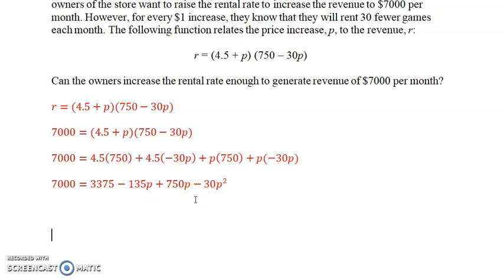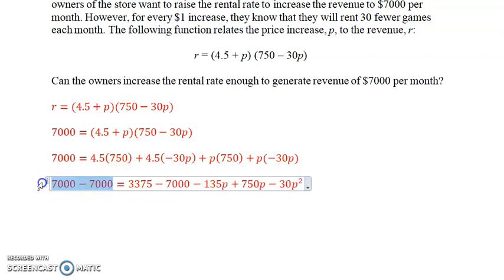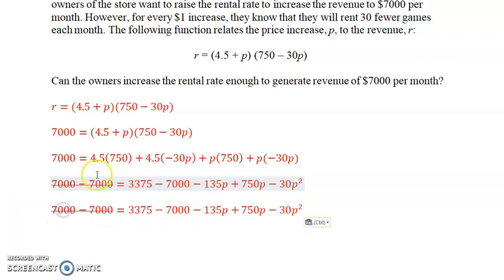All right. Collect any like terms. Might as well subtract the 7,000 first. Again, we could have done that at any point, but might as well do that now. And that's eliminated, and then we end up with a 0, obviously, that's why we did it.